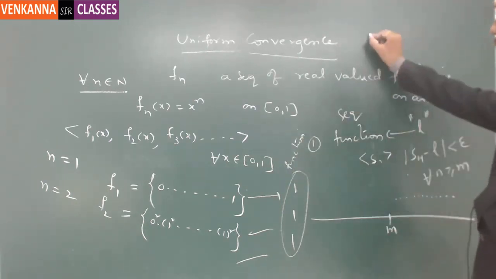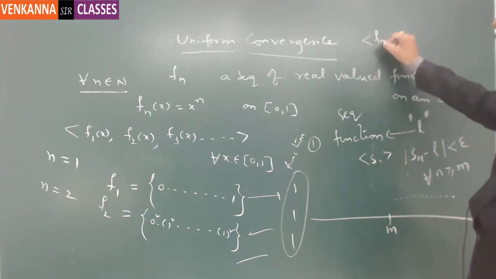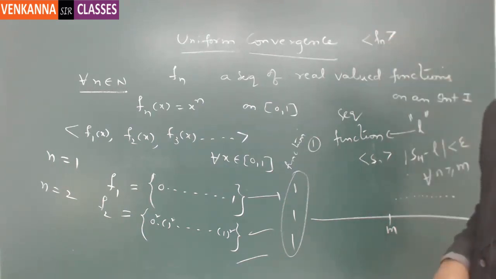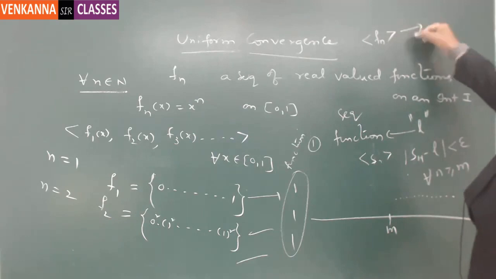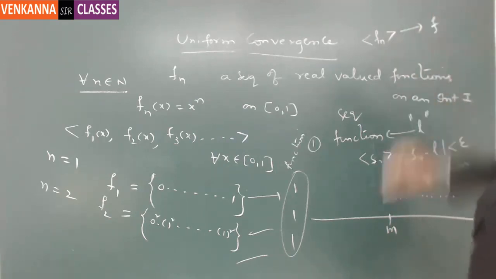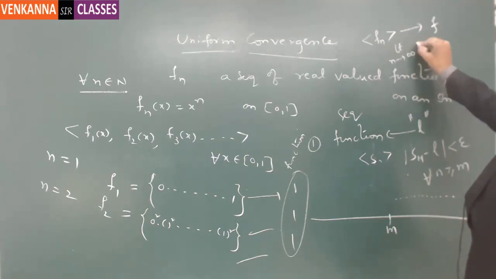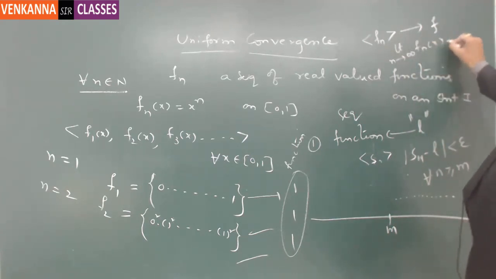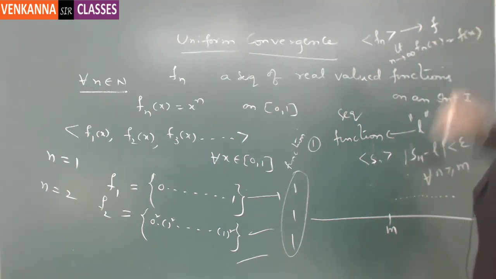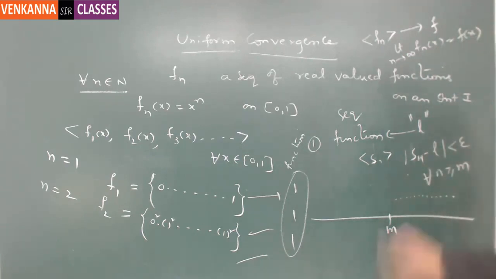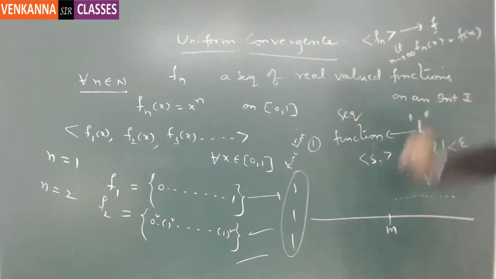Whenever you take a sequence of functions Fn, we say that it will converge to a limit function f, meaning limit n tends to infinity of Fn of x is equal to f of x. So if you have a sequence Fn of x for a particular x, that sequence will converge to f of x.